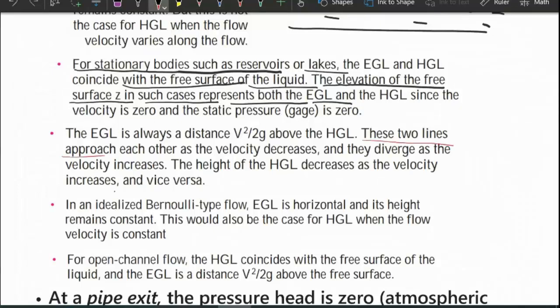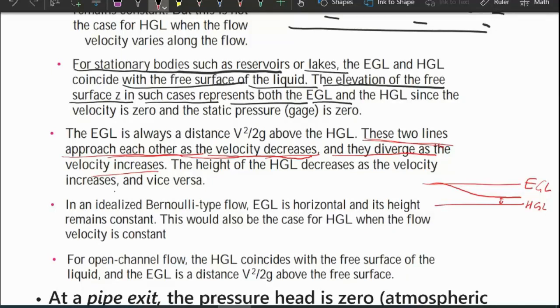These two lines approach each other as the velocity decreases. So if we have an energy grade line here and hydraulic grade line here, the difference decreases if the velocity decreases. These two lines approach each other as the velocity decreases and they diverge as the velocity increases. This makes sense.